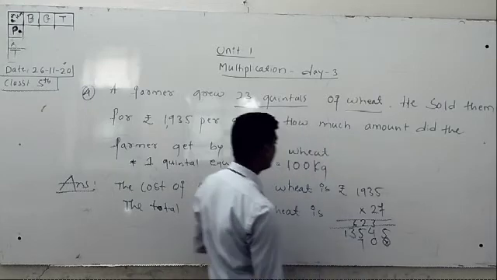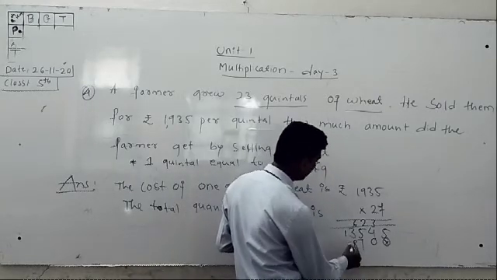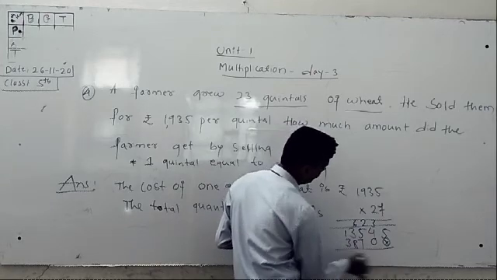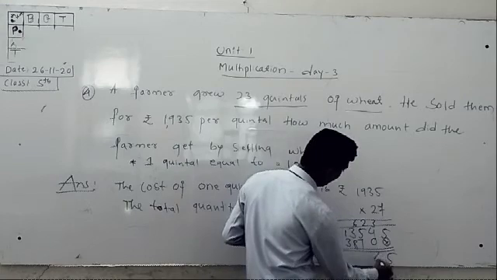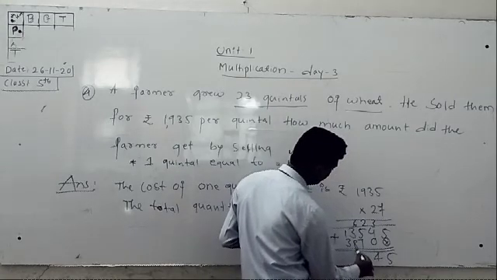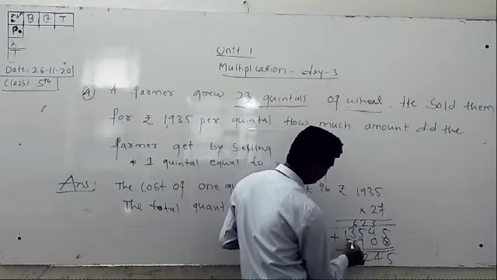Then 2 9s are 18, 1 carry, 8, 2 1s are 2 plus 1, 3. Then you have to add it.